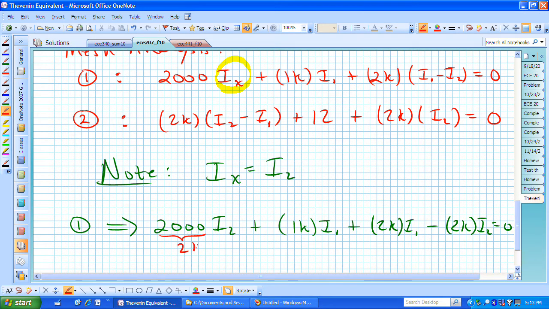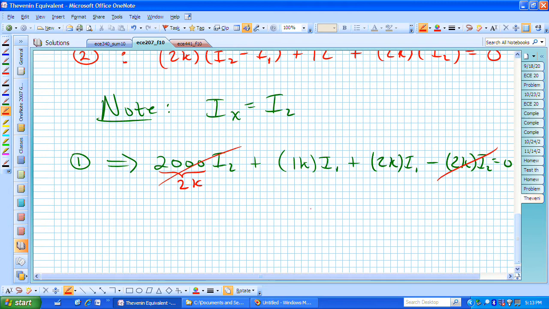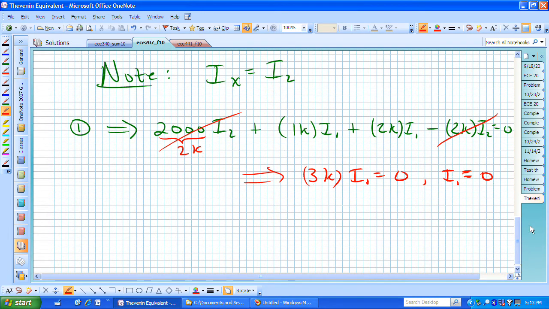This is just 2K, and we have 2K I2 minus 2K I2, and this now leaves us with 3K times I1 is equal to 0, or I1 is equal to 0 in this circuit that we're analyzing to find the open circuit voltage.